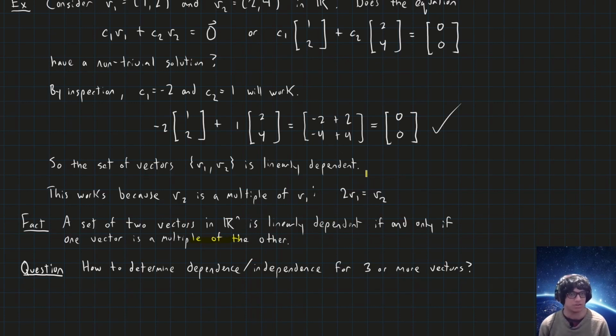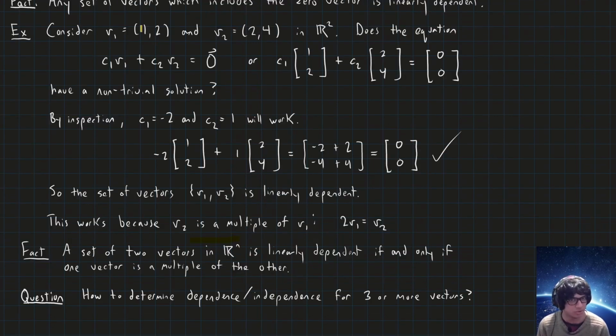As a note, this works because if you look at the vectors, v2 is a multiple of v1, right? If I look at v1 and multiply it by the constant 2, I'll get v2. So that's not a coincidence.